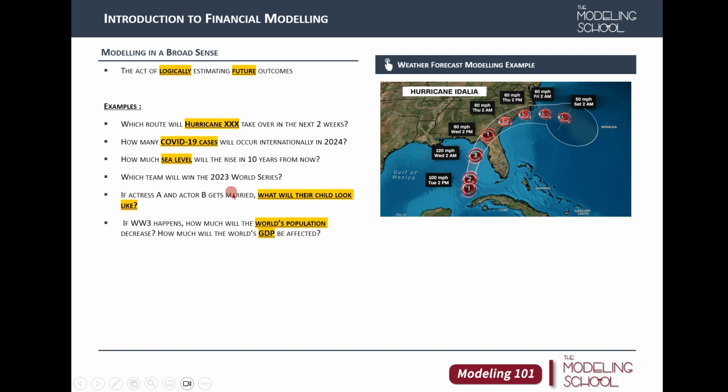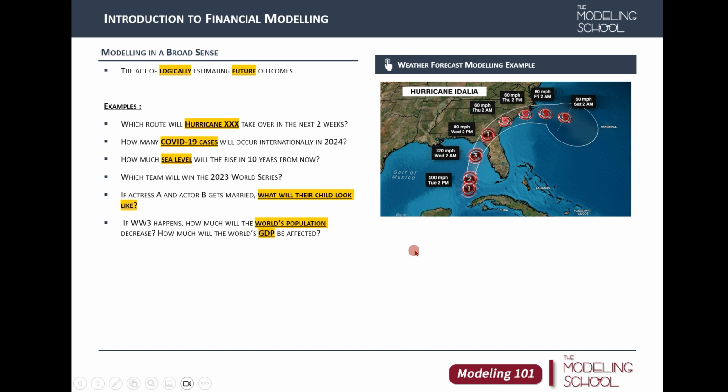In those cases, in a sense, that's also logically estimating future outcomes. So in a broader sense, we can call it modeling. If World War III happens, how much will the world's population decrease? Or how much would it affect GDP? So these would be some examples of modeling in a broad sense.